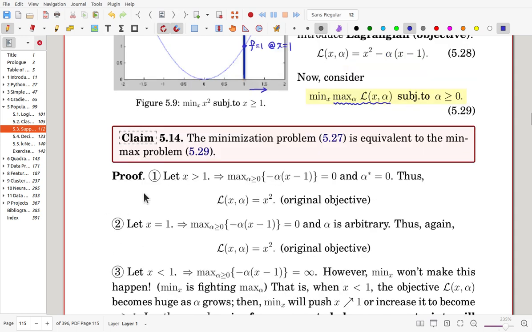Okay, now there are 3 cases for the x value. x is larger than 1.